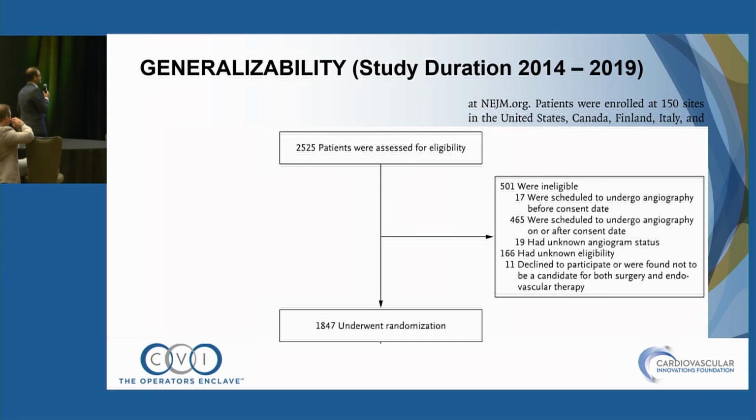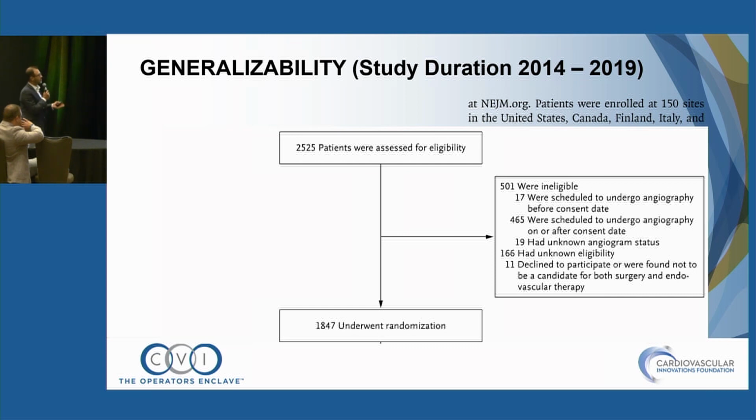And then probably the most concerning part of this, to be honest, is that this trial ran from 2014 to 2019 at 150 sites in the United States and, I think, abroad: Italy, Finland, and other countries. So 150 sites, and we only enrolled 1,847 patients.